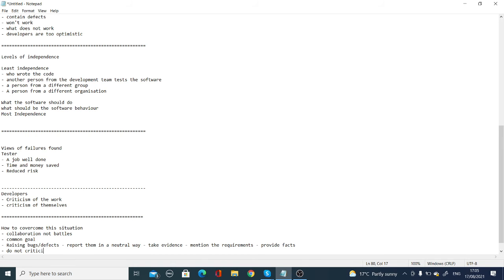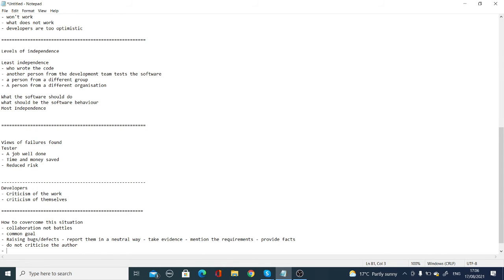Okay. Yes. If you are analyzing the requirements, you don't say that this product owner does not know how to write the requirements. If you are reviewing the test plan, or another person's test cases, then you don't say, oh, you don't know how to write the test cases, you don't know how to analyze the requirement.